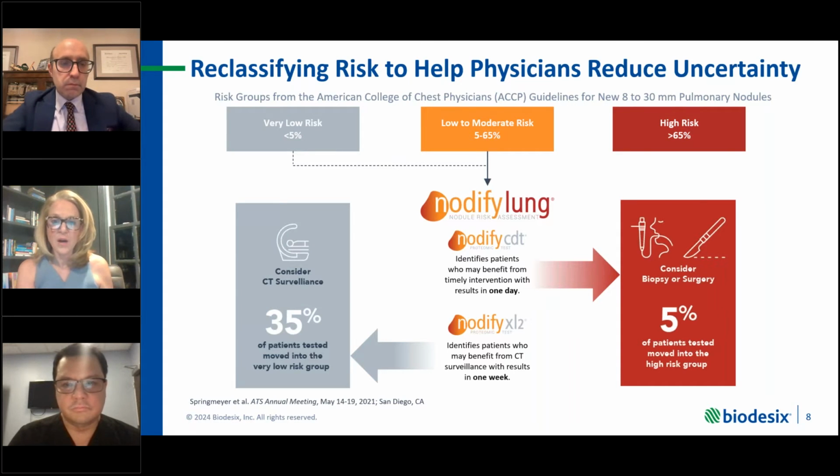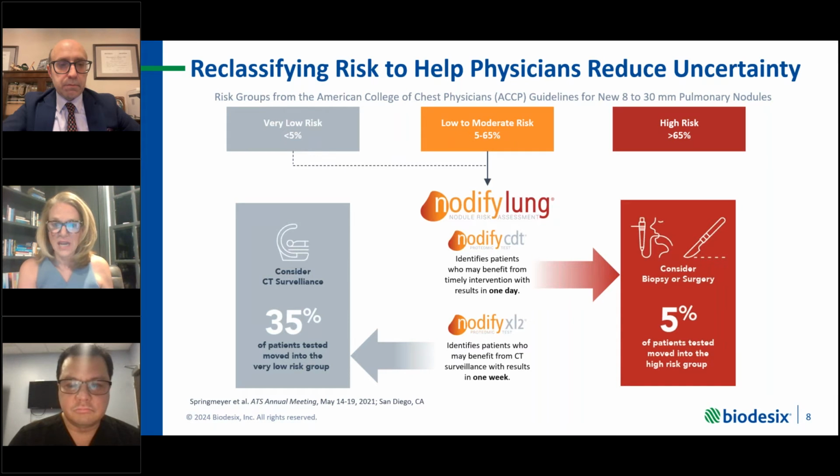But when we talk about the gray zone, when I give talks about the nodule program to primary care physicians who think they're doing a great job, this is the slide I show. I want to help reduce uncertainty, and that low to moderate risk group, we all know, is 80% of those incidental nodules in that size range if you do the Mayo risk calculation. So that's a big unknown.